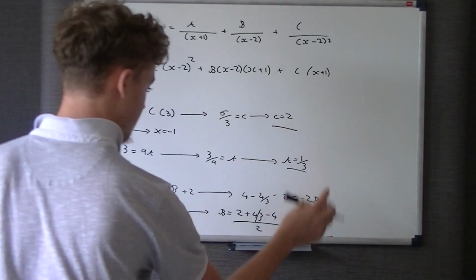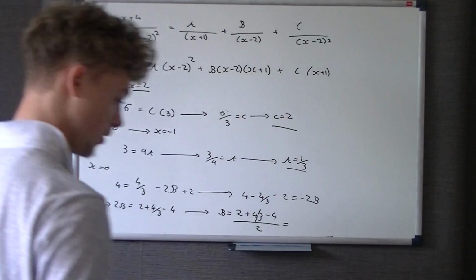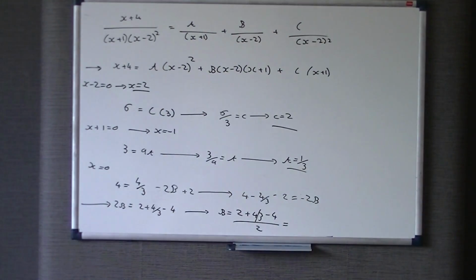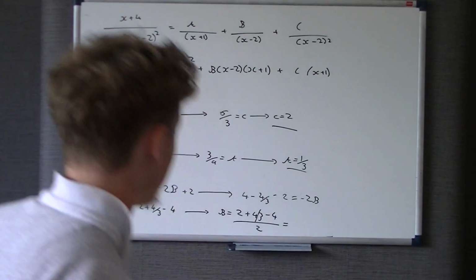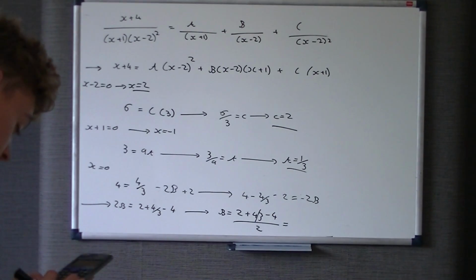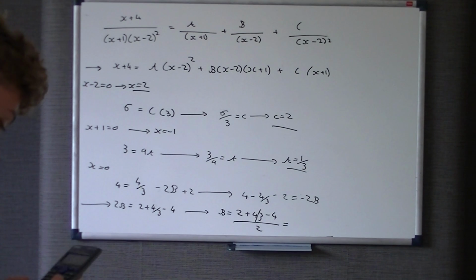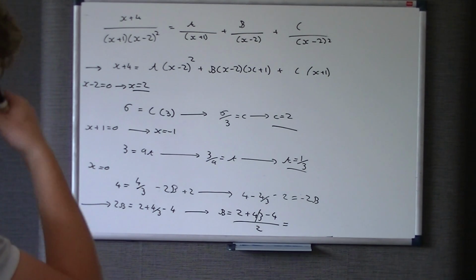Okay, so we've got our a, c and b values. So if we put that in our calculator, 2 plus 4 over 3, take 4, is that right?